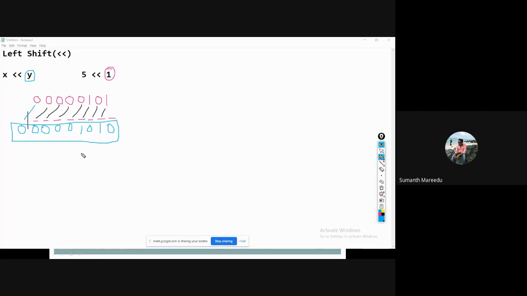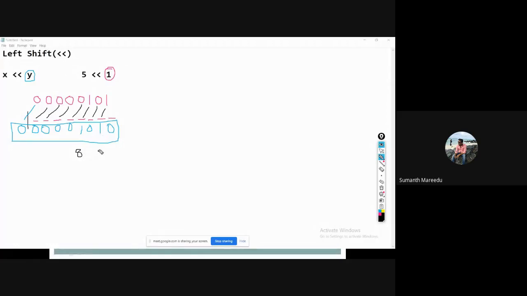What is the value of 1010? So 2 power 0, 2 power 1, 2 square, 2 cube. So what is the value of 2 cube? Again 2 power 1.